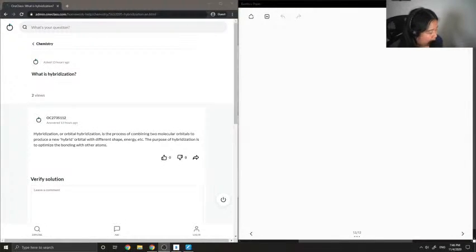Okay, so question number 1 asks, what is hybridization? This is a good question. So let me write out the definition of hybridization plus a common example.